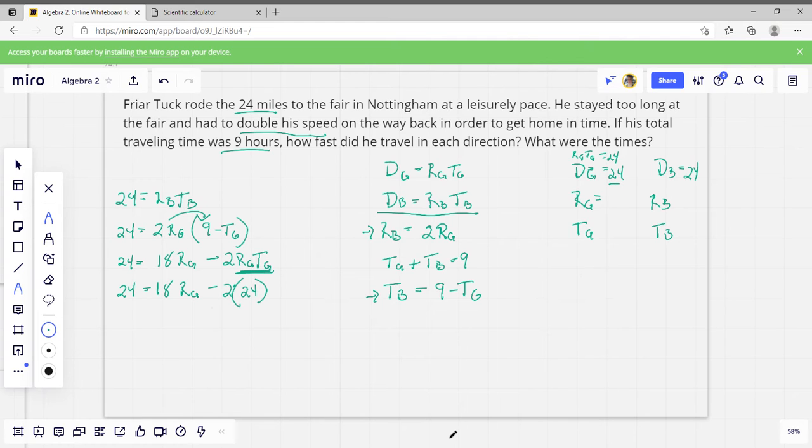Alright, so now we've got 2 times 24, so that would be 24 equals 18 times our rate minus 48. So then we add 48. And that will be 72.